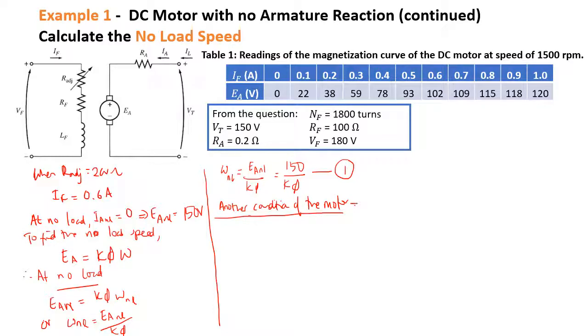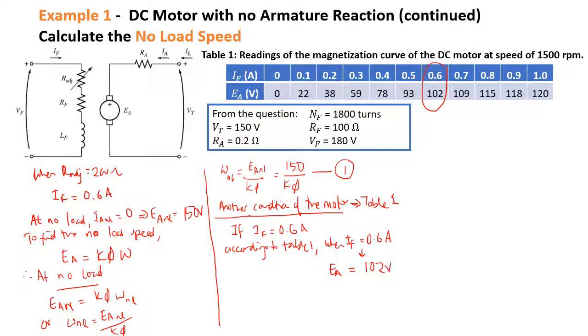In order to do this, we have to use one piece of information which we haven't used yet, which is table 1. If the field current IF is equal to 0.6 amperes, according to table 1, EA is equal to 102 volts, and this is at a speed N of 1500 rpm.